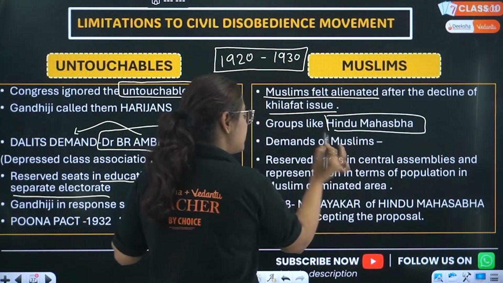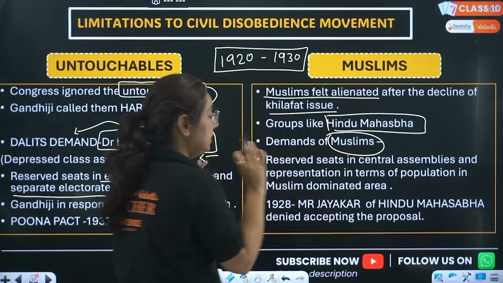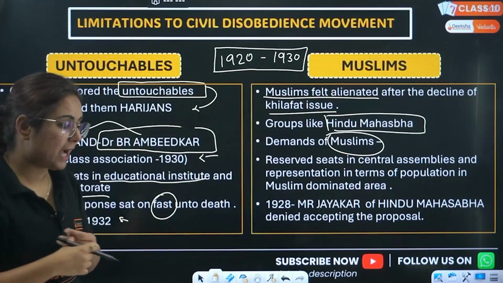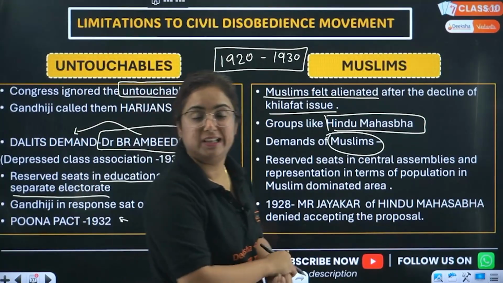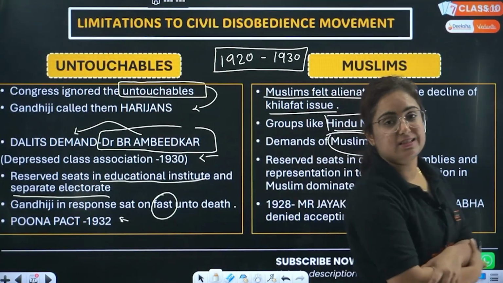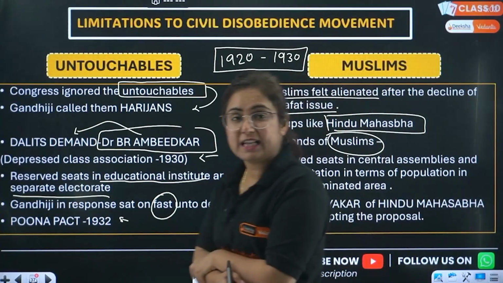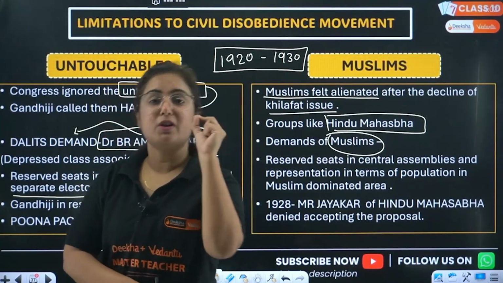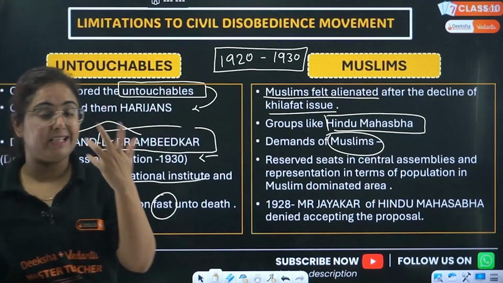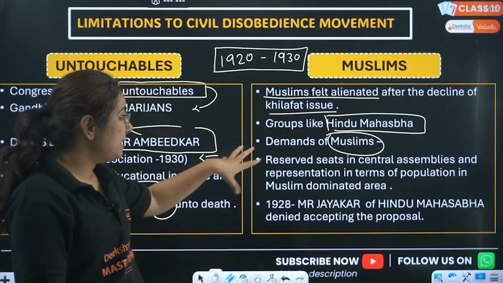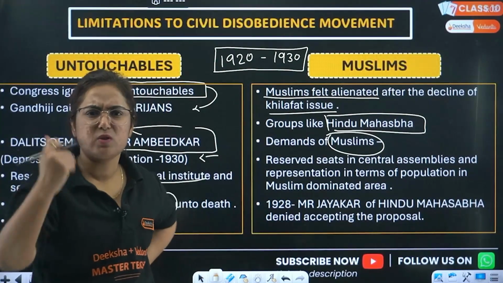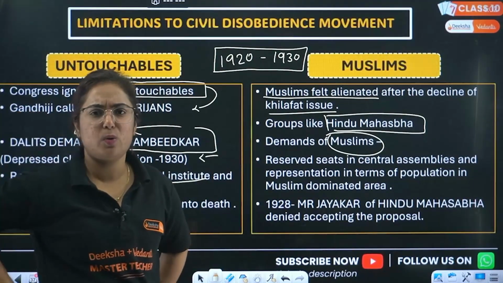First, figure out what the demands were. What happened, beta, when seats were provided to Indians in the legislative councils, elections were organized. And because the number of Muslims in the country was less, the seats were less. To represent their demands, the Muslim League was also formed in around 1908.